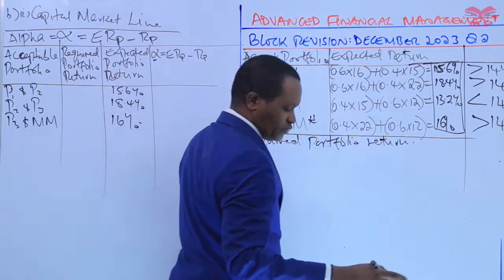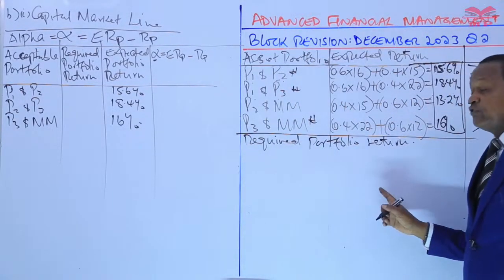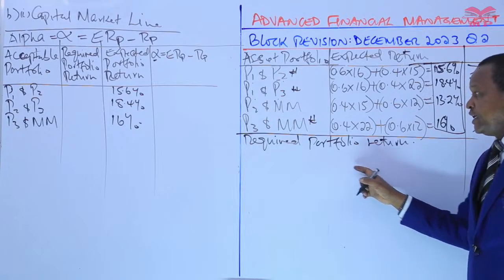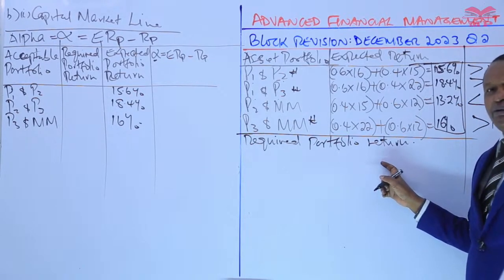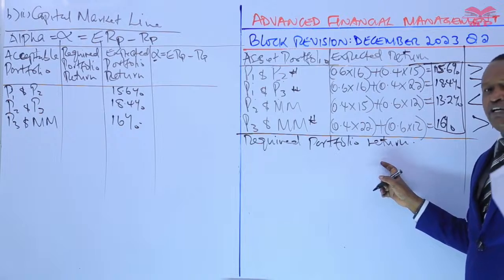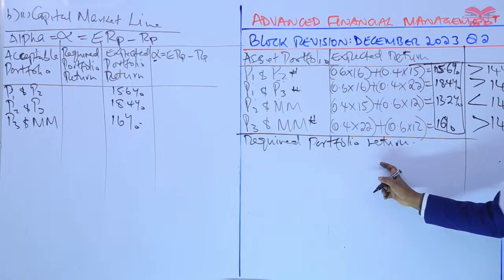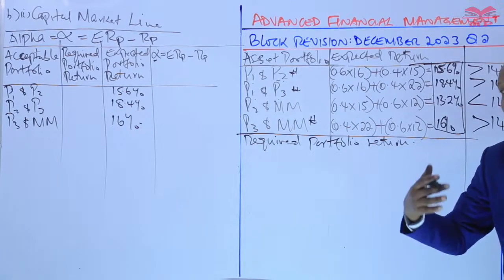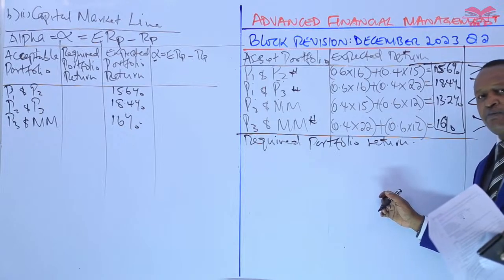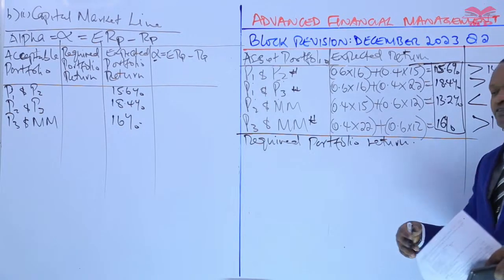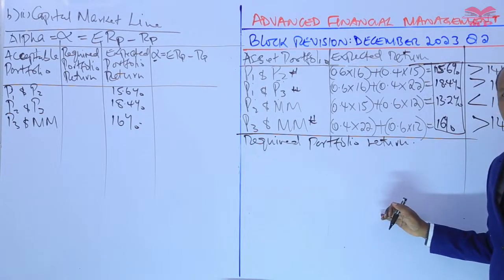Required portfolio return. Candidates, you have read that this investment club requires a return of 14%. And a required portfolio return, candidates, the minimum required rate of return of an acceptable portfolio, refers to the minimum rate of return that an investor must achieve on their investment in order to meet their financial objectives and fulfill the investment goals.